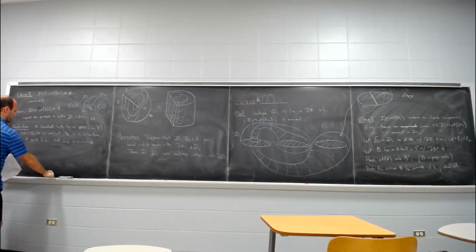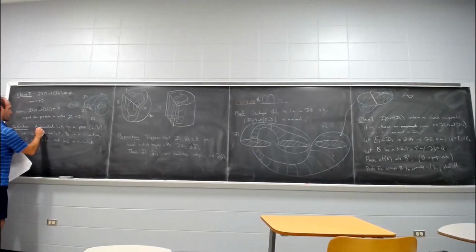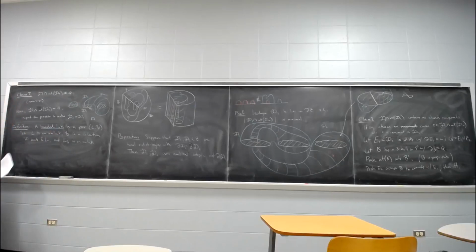This is a little funny to be defining at this point, because we've basically been talking about these objects for the last couple of days, and I've drawn pictures and stuff.